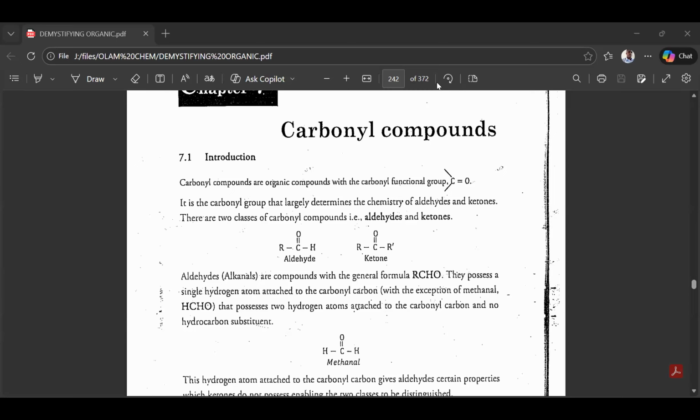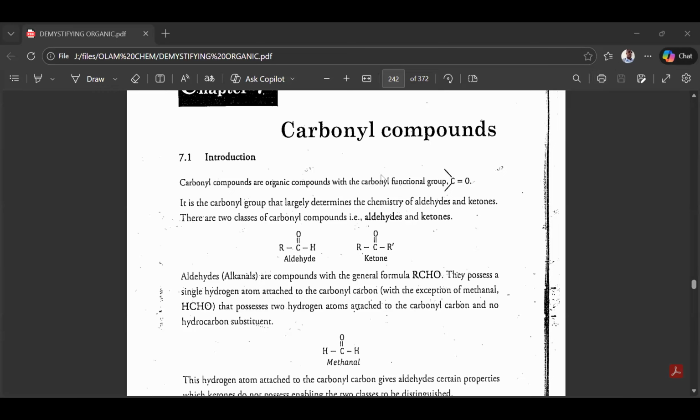A carbonyl group has a carbon atom with a double bond attached to an oxygen atom. Whichever compound you find that has a carbonyl group is a carbonyl compound.